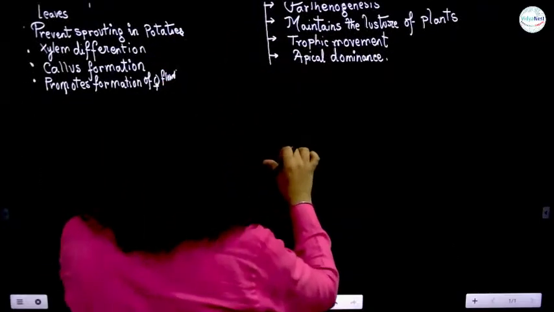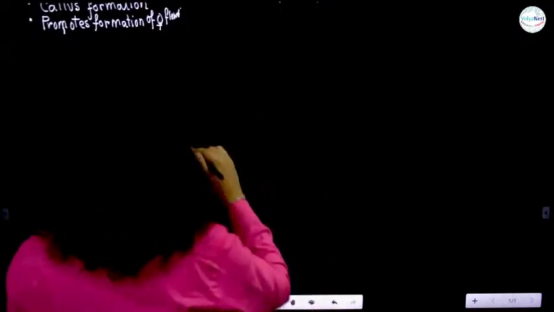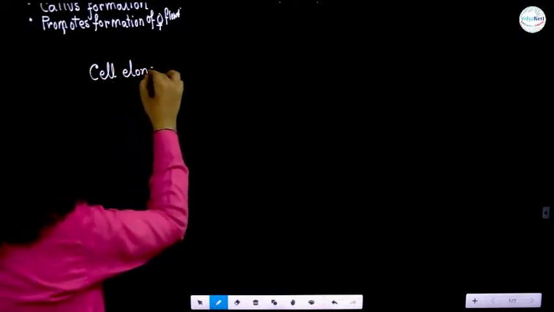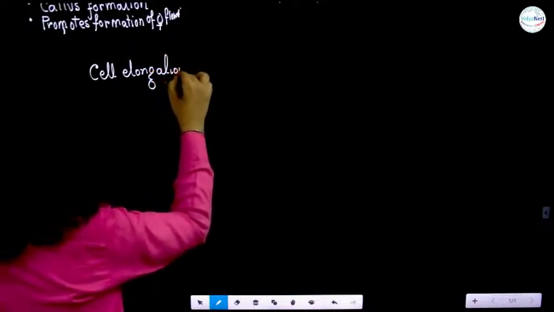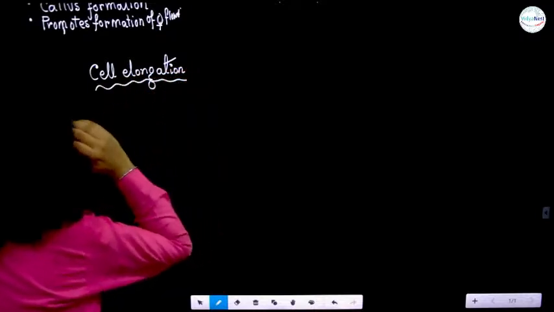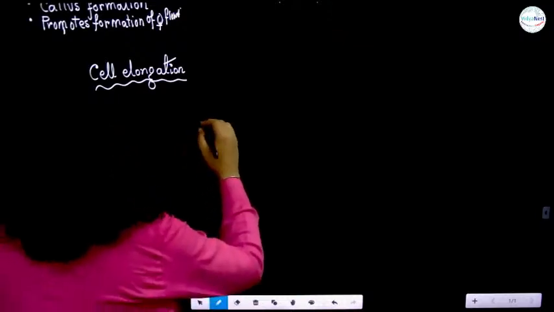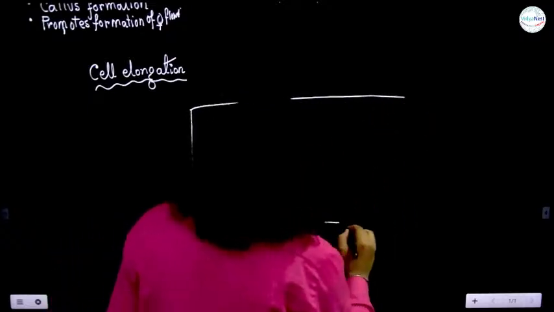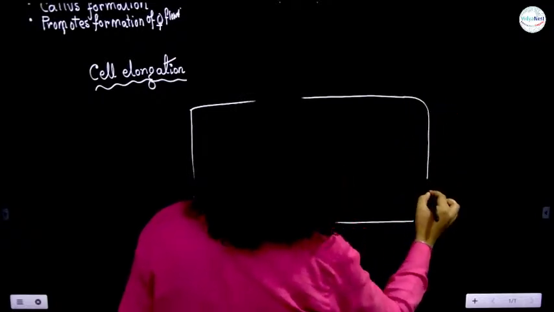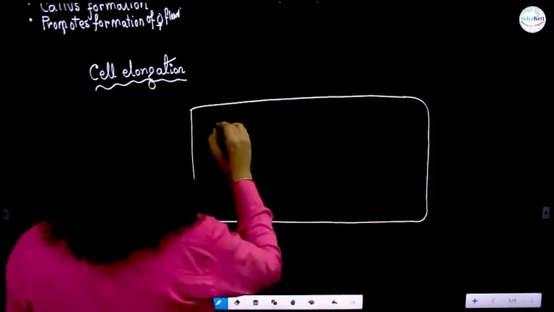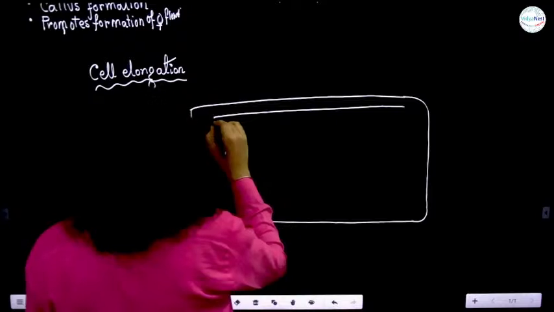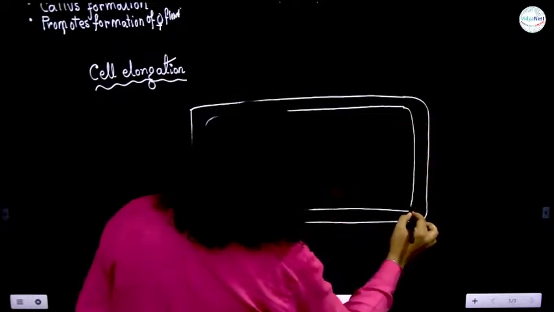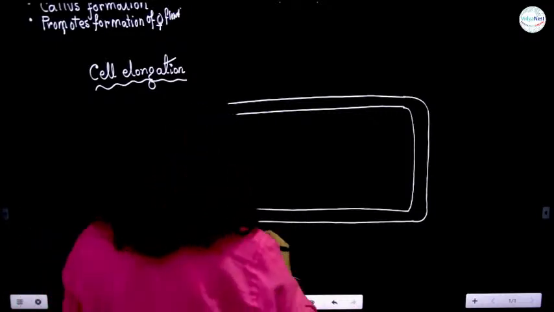In case of cell elongation, if I take a diagram of a cell, that means this is the plant cell and this is the cell membrane. So this is a plant cell.